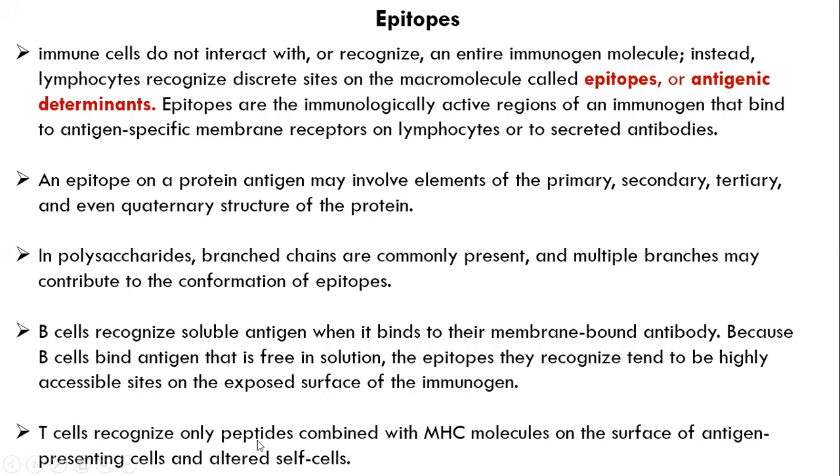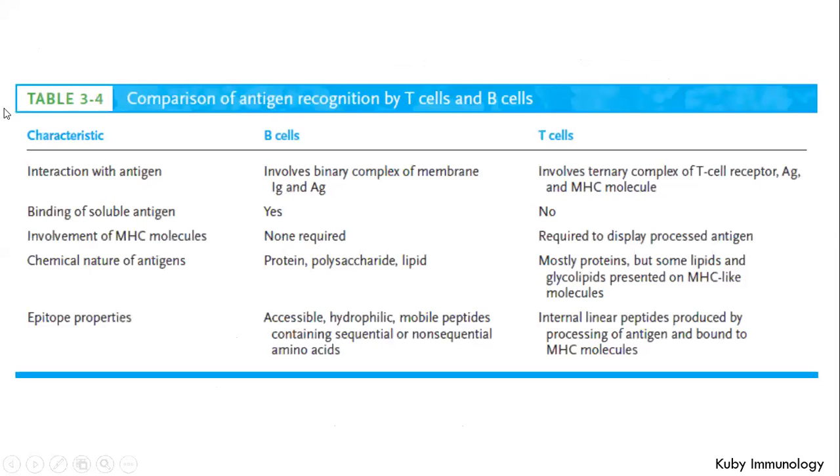And T cells mainly recognize peptides along with MHC molecules. So again, a fundamental distinction can be made between the epitopes of B cells and T cells, and how they are represented. If you go through the characteristics here, you can see the fundamental differences. Chemical nature: protein, polysaccharide, lipid are exposed to B cells, and for T cells, mostly proteins.